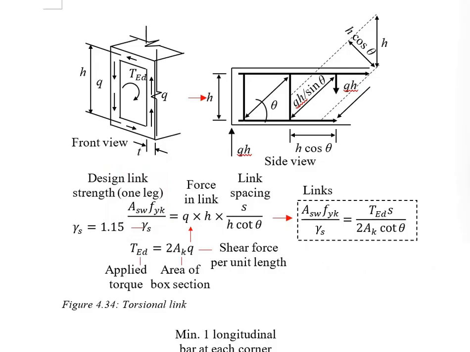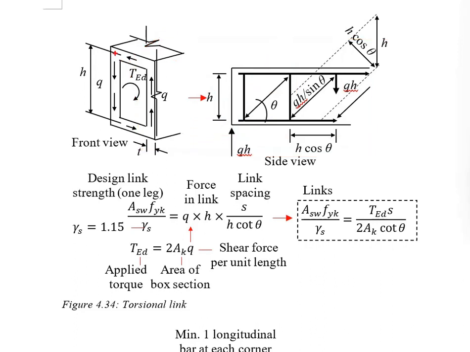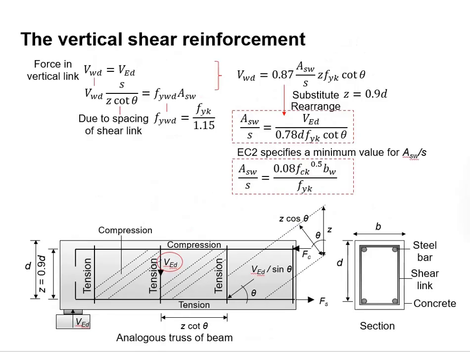Bear in mind that this diagram represents one side of the member. By looking at the arrangement of the link, we are referring to one leg of the link. This is slightly different from the calculation of the vertical shear reinforcement, where the area involved is due to the two legs of the shear link.